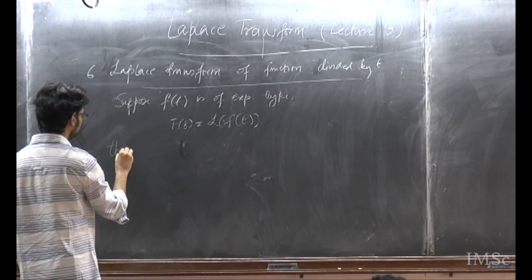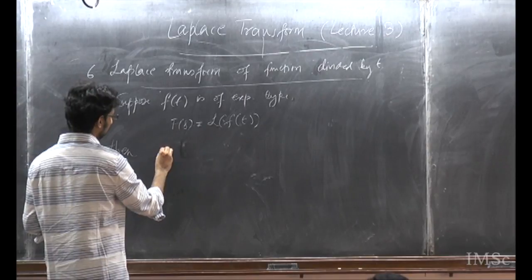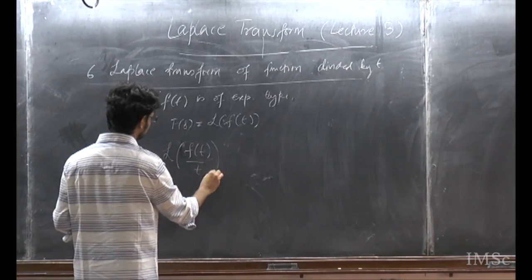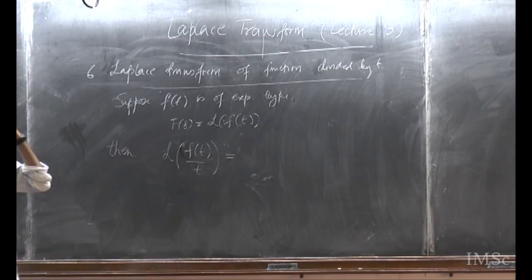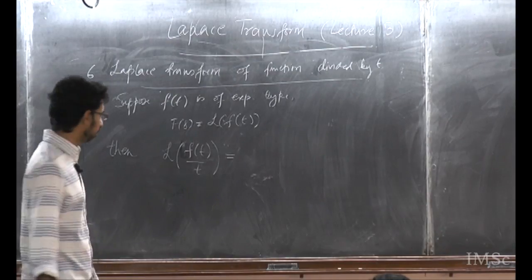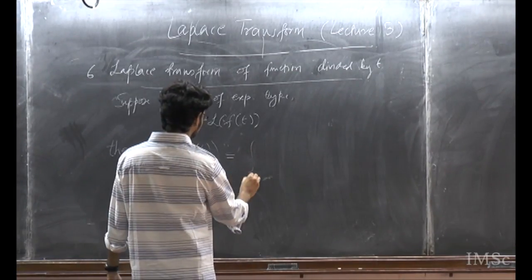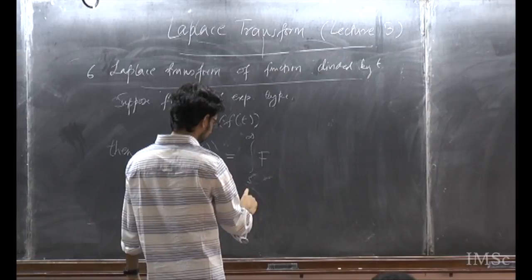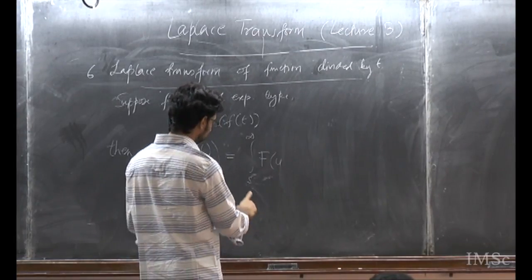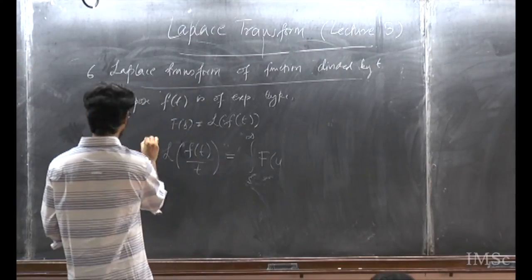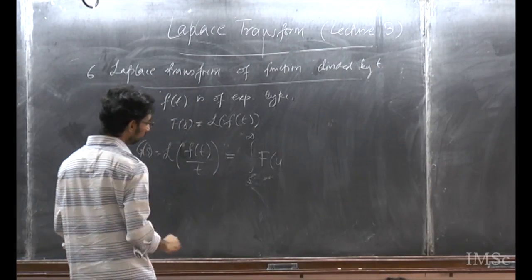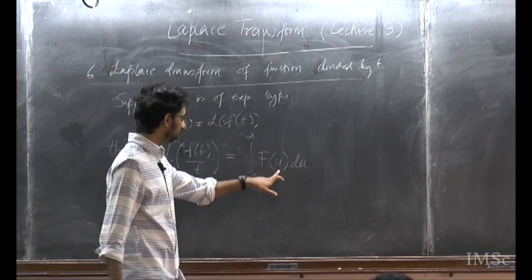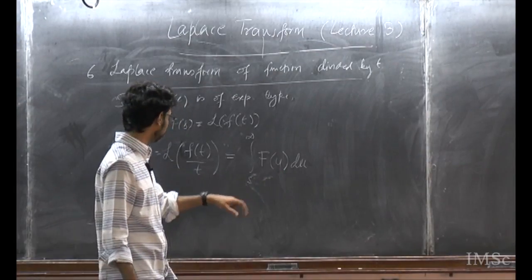Then the Laplace transform of f(t) over t is the integral from s to infinity of F(u) du, not F(s), because I put s here. The variable inside the integral should be different from s.